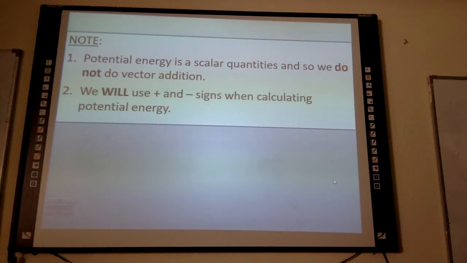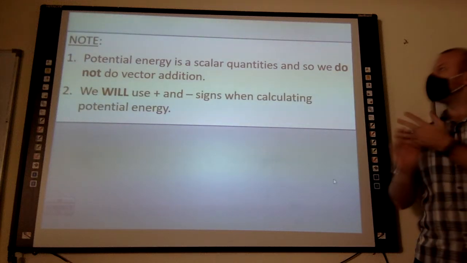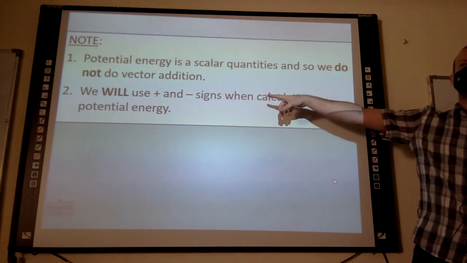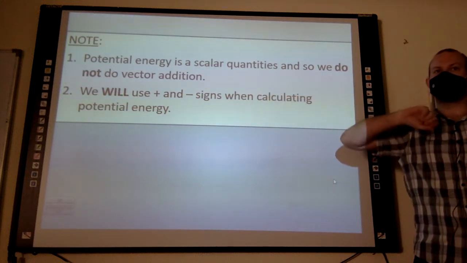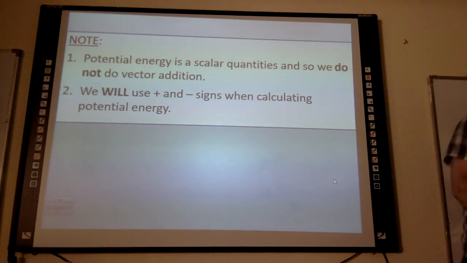And this is why this is confusing, because not only do we have electric force, electric fields, electric potential energy, now we need to deal with half of those being scalar, half being vector. When they're scalars, we use plus or minus. When they're forces, we don't. Forces are vectors. We do not use plus or minus.